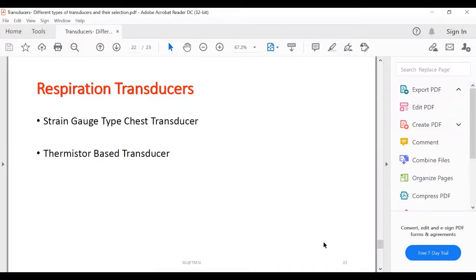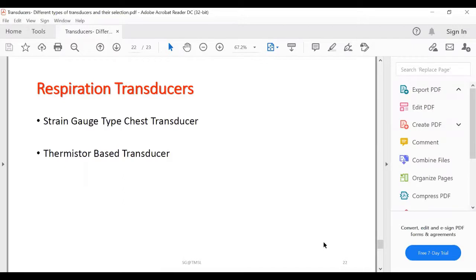In the strain gauge type chest transducer, the thoracic volume change is observed in the respiratory cycle, all of you know that. This is sensed by means of a displacement transducer incorporating a strain gauge.